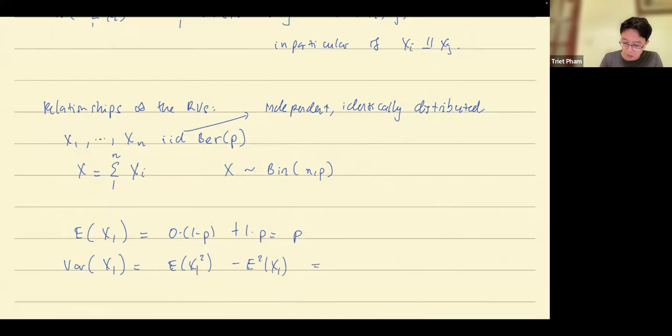And the expectation of the square is clearly just 1 square times p, because 0 is not going to contribute to the expectation. Subtracting p square, because that's the expectation squared. P minus p square is, of course, p times 1 minus p.